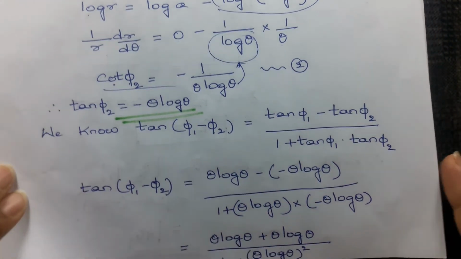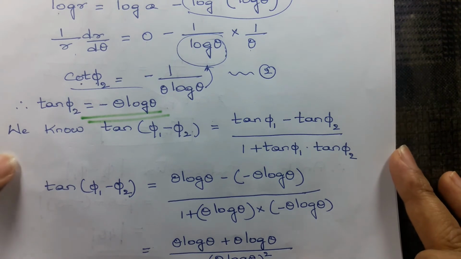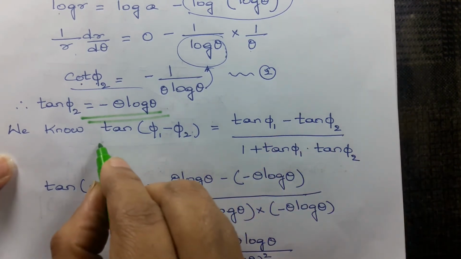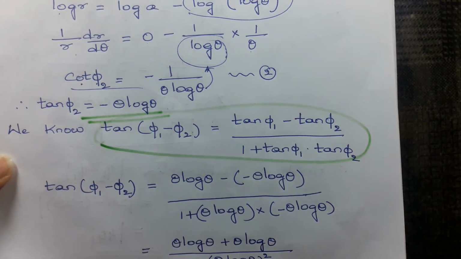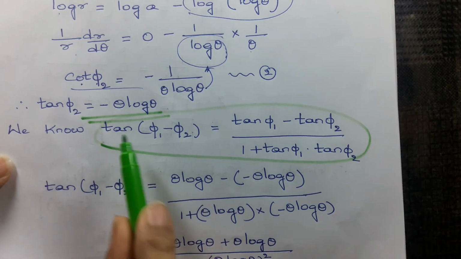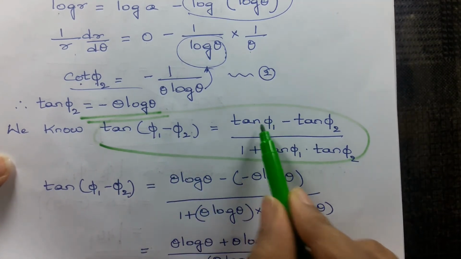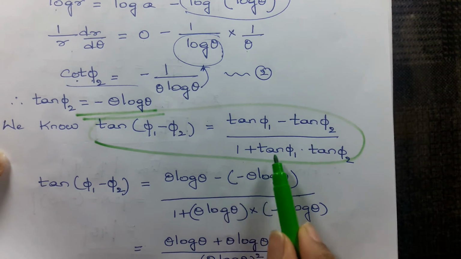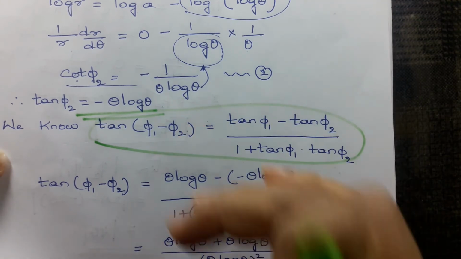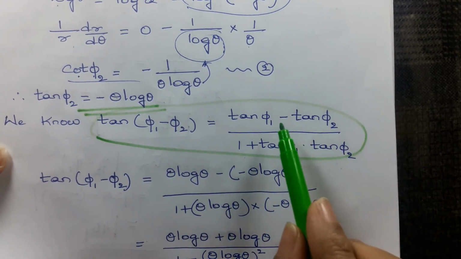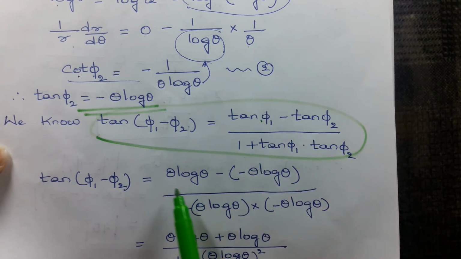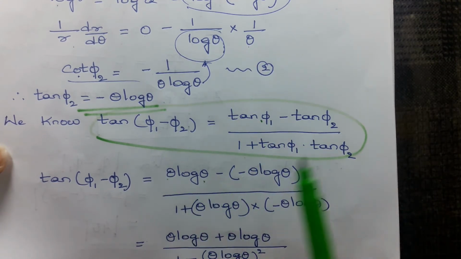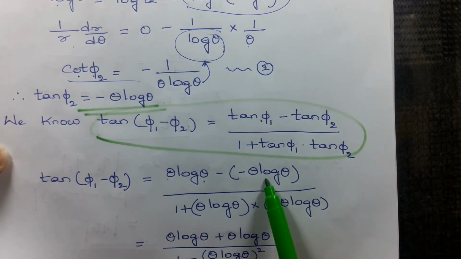Then how will you find out the angle of intersection of these two polar curves? I have to use this formula as I explained already. Look at this formula: tan of phi 1 minus phi 2 is tan phi 1 minus tan phi 2 divided by 1 plus tan phi 1 tan phi 2. So all the values I will substitute here. Tan phi 1 is theta log theta, tan phi 2 is minus theta log theta.